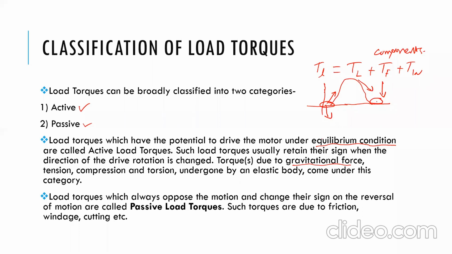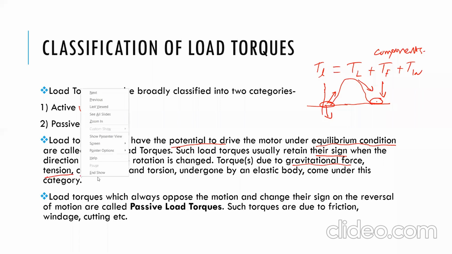Such torques have a potential to drive the motor under equilibrium condition, and their sign or direction will not change. Similarly, gravitational force, tension will act in the same direction throughout the operation.